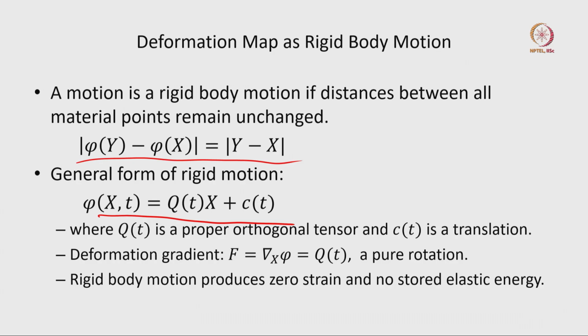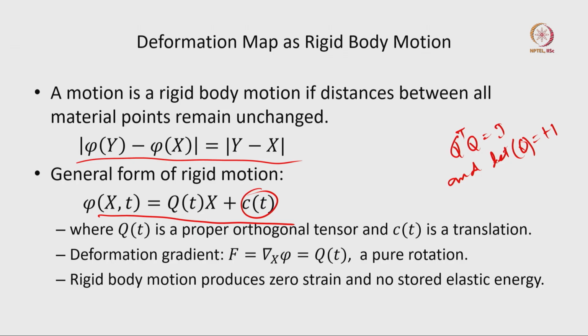You understand what a proper orthogonal matrix is: Q transpose Q equals identity, and the determinant of Q has to be equal to +1. And c(t) is a translation vector. So, you represent this phi as Q, the orthogonal matrix, times X plus c(t).